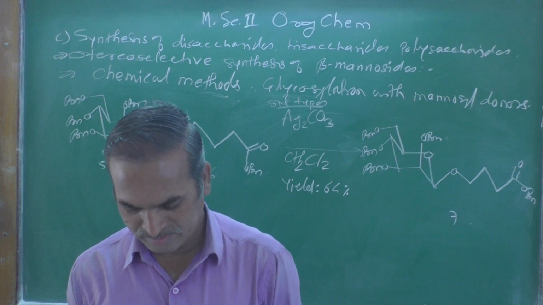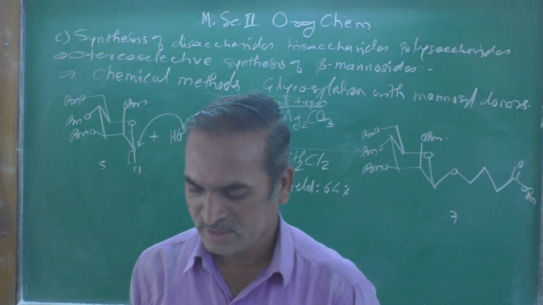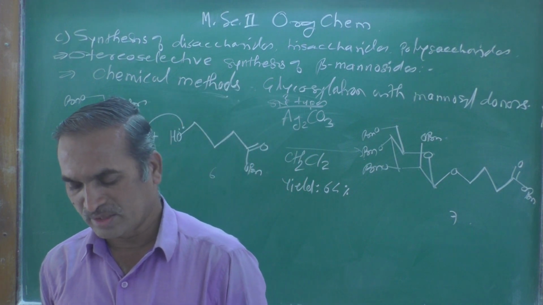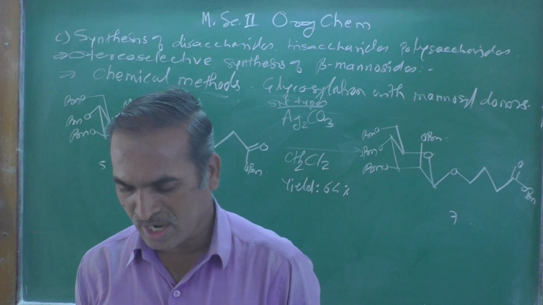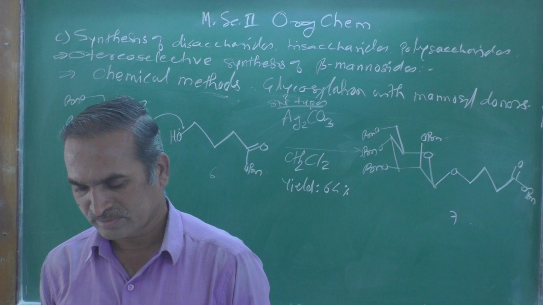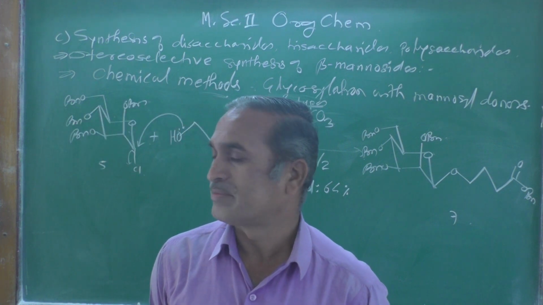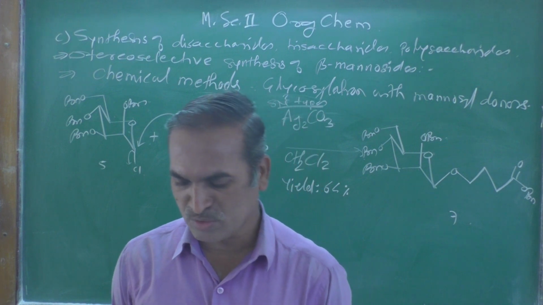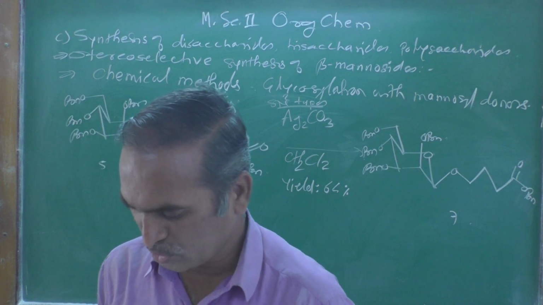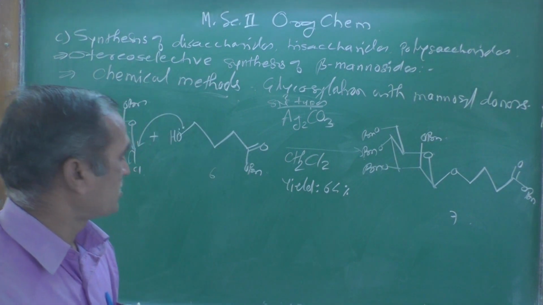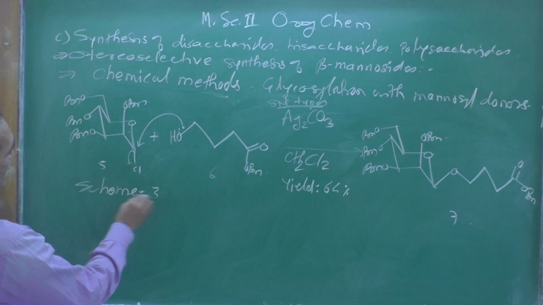Mannosylation of the less nucleophilic disaccharide with the same donor affords the trisaccharide 12 as an alpha:beta 50-50%, meaning a 1:1 anomeric mixture, which is shown in scheme number 3.